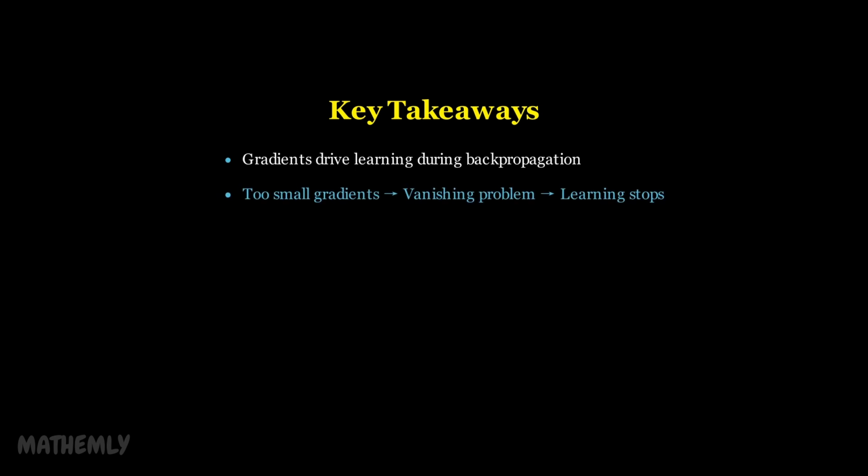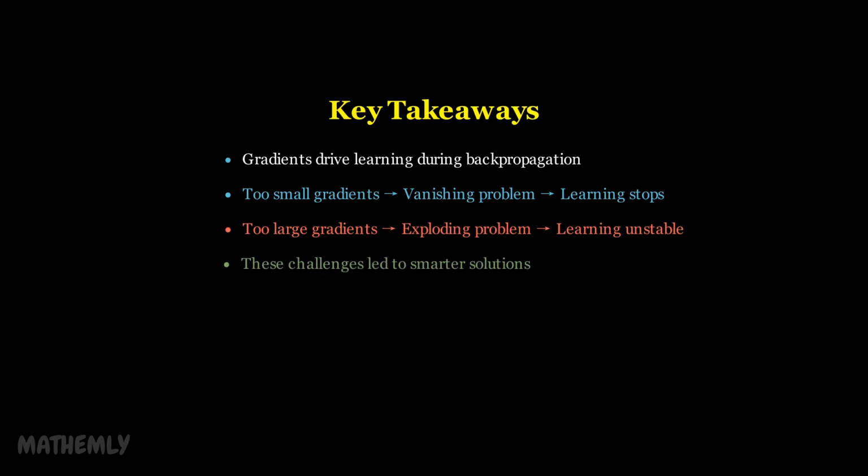To sum up, gradients are the signals that drive learning during backpropagation. When gradients become too small, learning slows down or stops. This is the vanishing gradient problem. When gradients become too large, learning becomes unstable. This is the exploding gradient problem. Both issues make training deep neural networks challenging, but they also pave the way for smarter solutions.